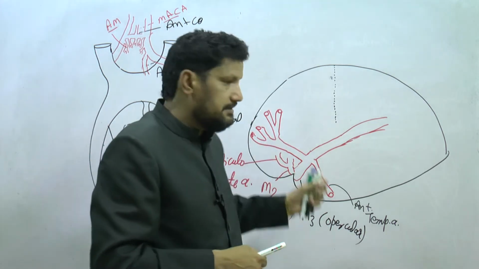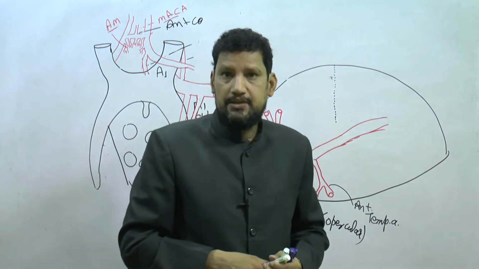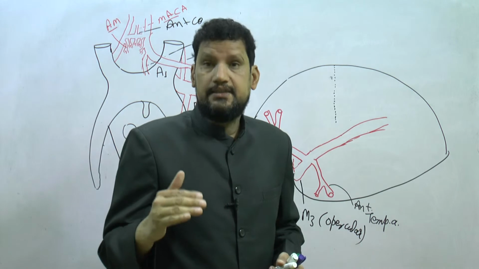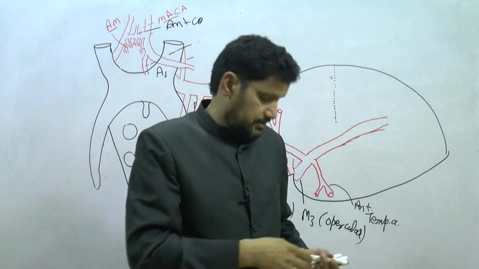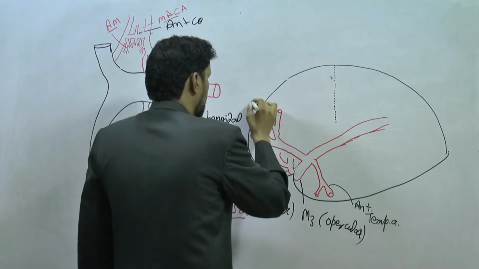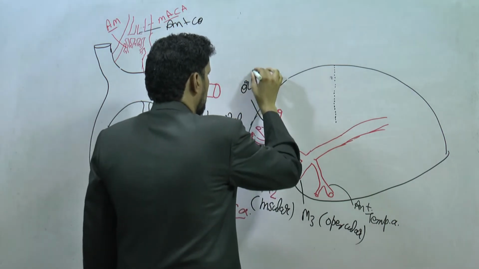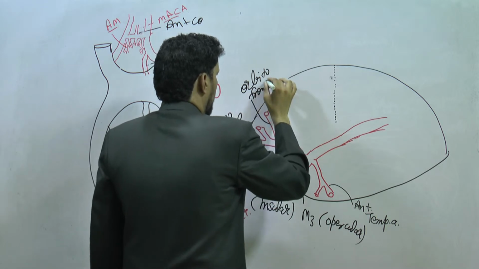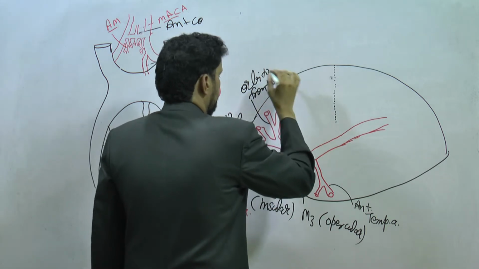The frontal branch is supplying blood to the superior and inferior frontal gyri. So these are the orbitofrontal and frontal branches.